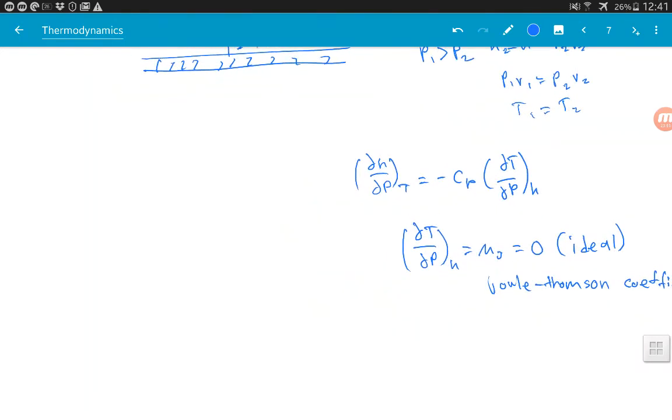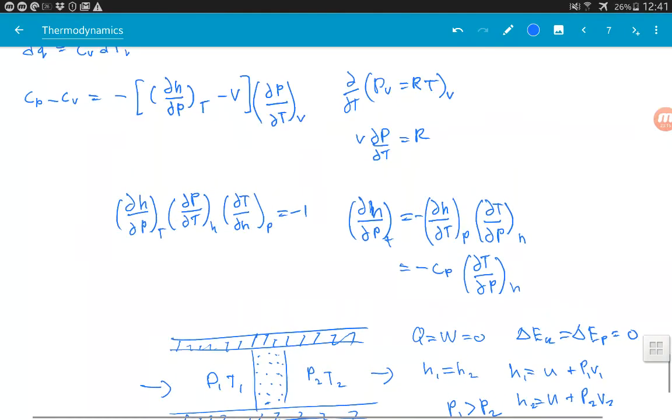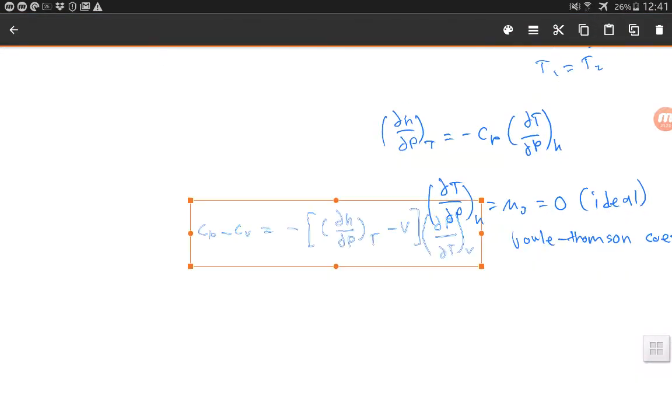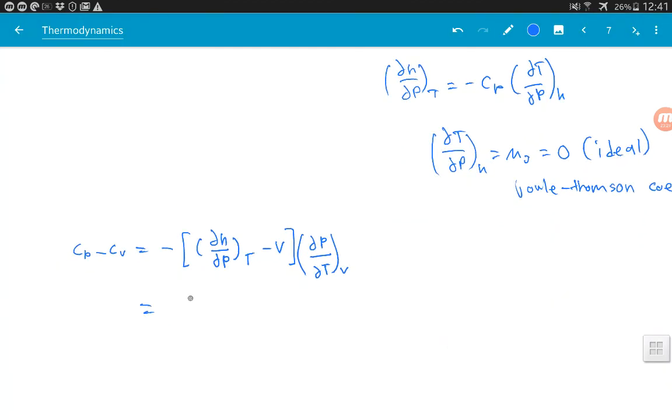So if it is ideal, then the previous equation can be reduced because this term is equal to 0 for the ideal case.